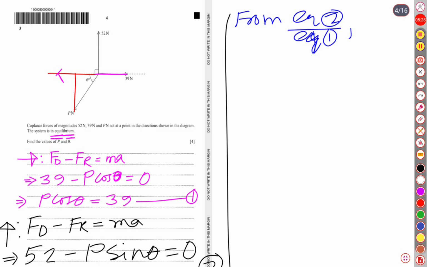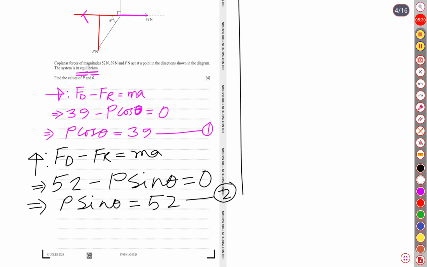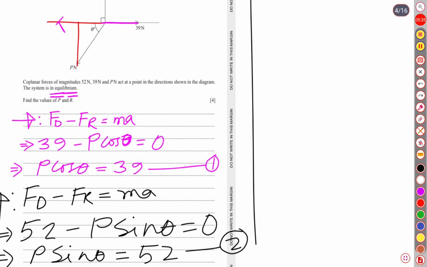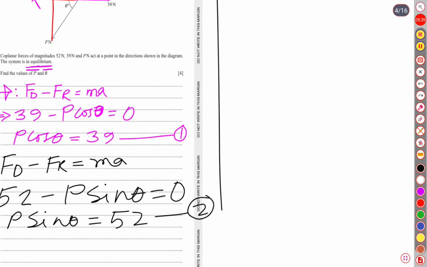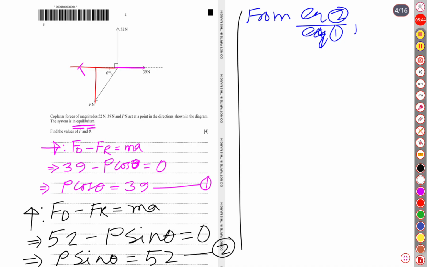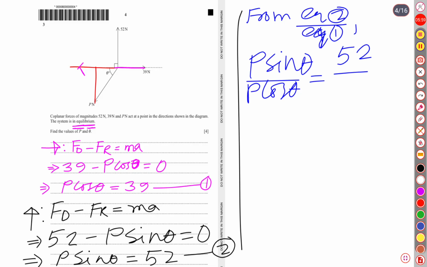Our second equation is P sine theta, and P sine theta over P cos theta is equal to, equation number 2 was 52, and equation 1 has 39 on the right side, so it is 39.